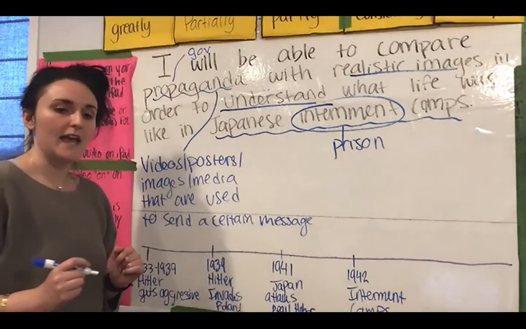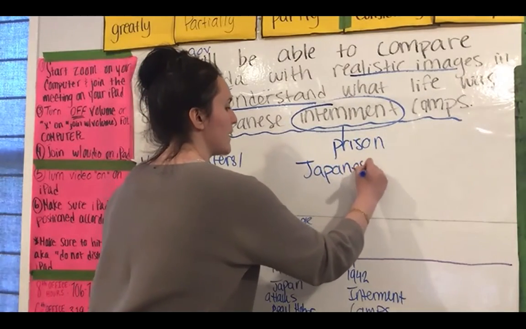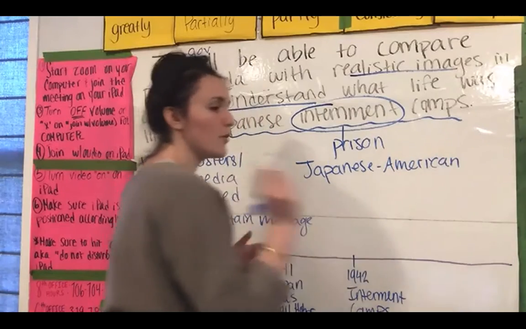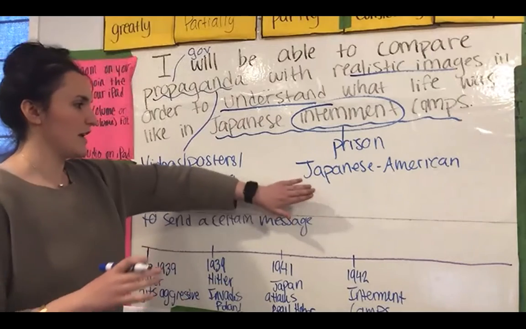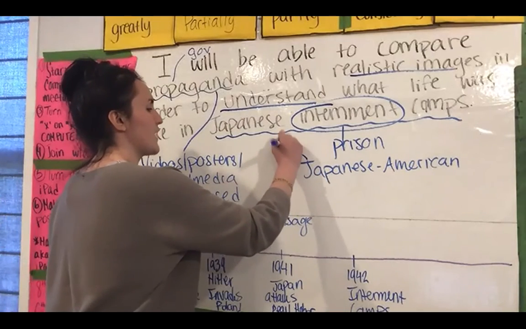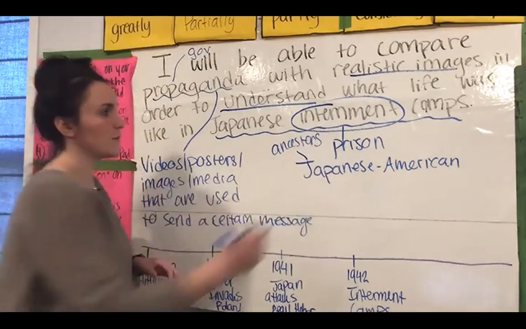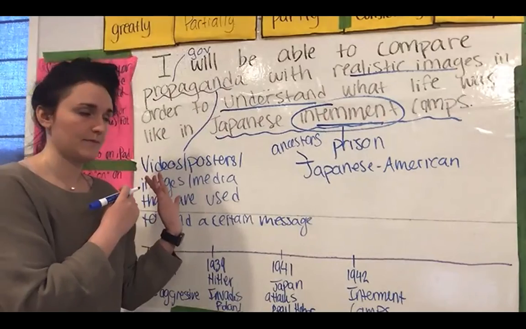Those internment camps were the prisons where all Japanese Americans, doesn't matter if you were a full American citizen, born here, grew up here, didn't speak any Japanese, if you had ancestors who were from Japan, during World War II, you were put in a prison camp, in an internment camp. This is what we learned yesterday.